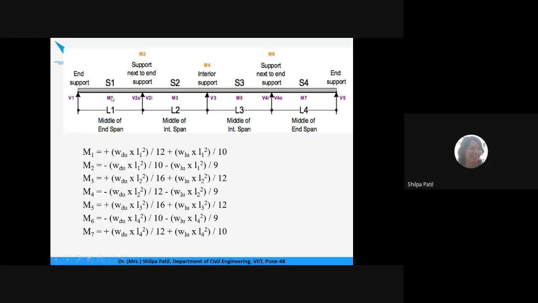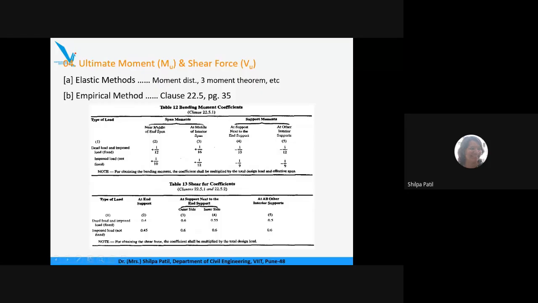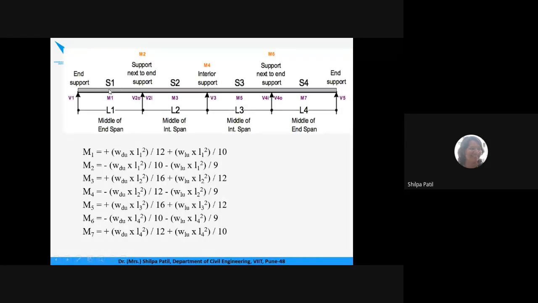Now to find the 7 moments, I have to make use of that table, and write down the expression for each bending moment. This is the S1 slab, which is the middle of the end span. Near the middle of the end span, so this is my end span, and I'm considering the middle of the end span.